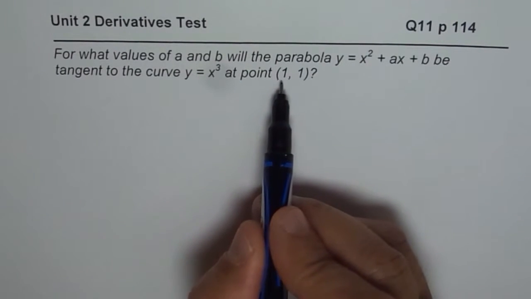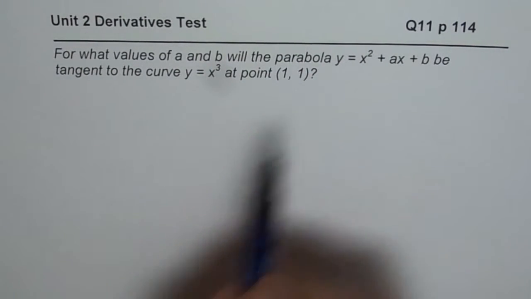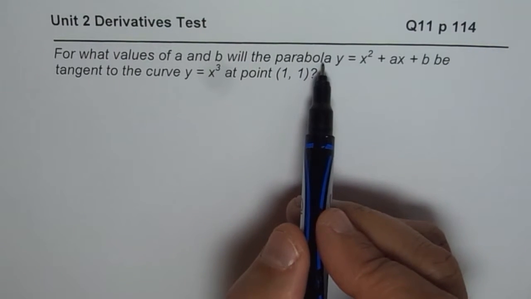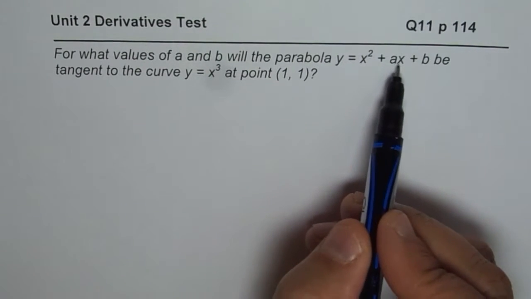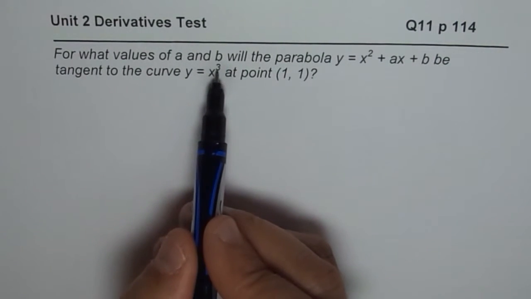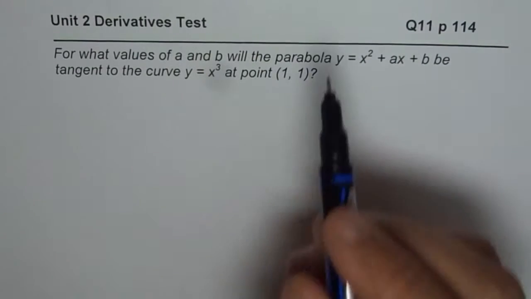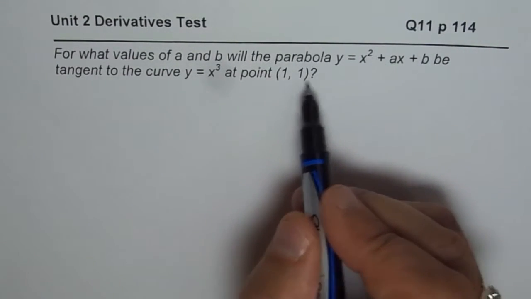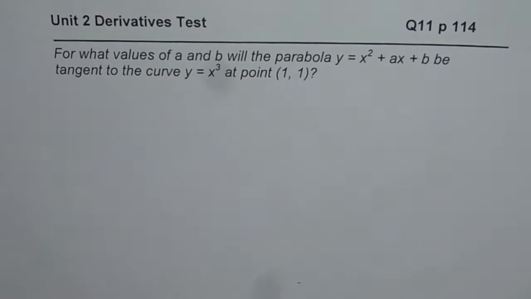First equation we can get from the point itself. When we say the parabola y equals x squared plus ax plus b is tangent to the curve y equals x cubed at a given point, that means at this particular point both have the same tangent; they just touch each other at that point.